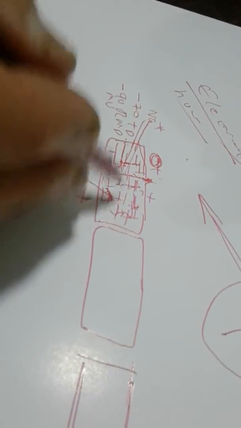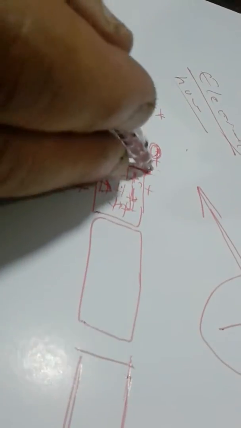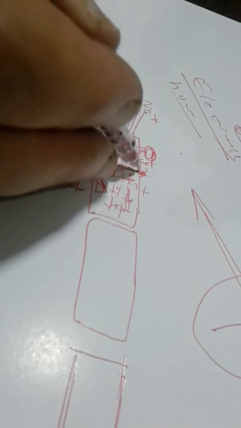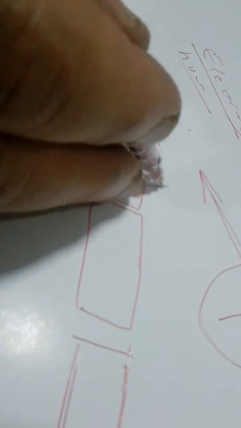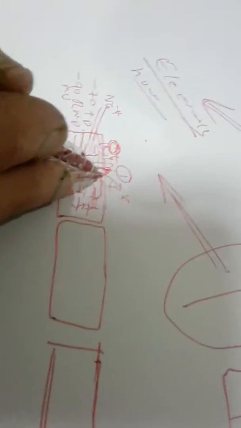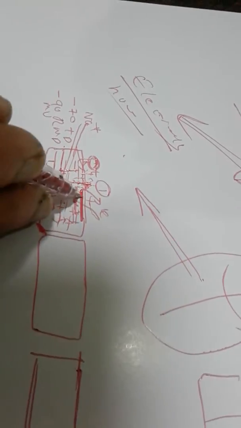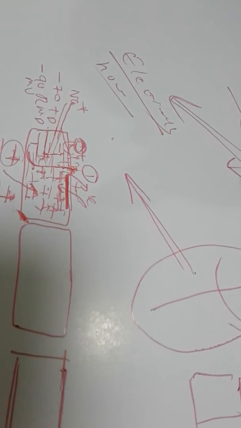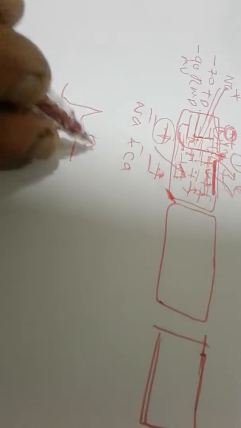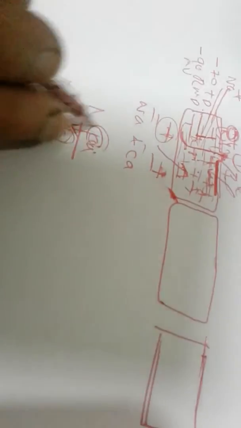Here is the second step: the sodium channel is closed, and the potassium starts to go outside. This is the first step. The second step is the entrance of calcium, which makes the plateau phase of the action potential, with neutralization between the calcium and potassium.